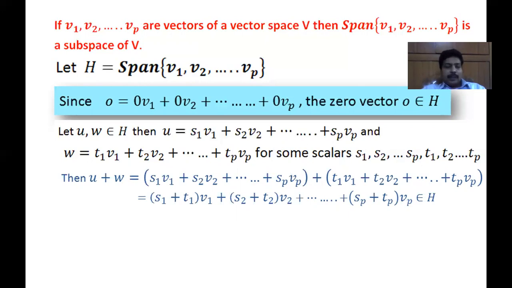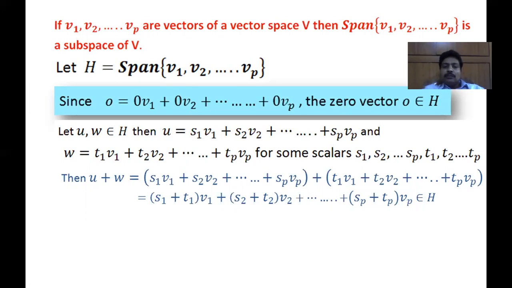And by using the properties of a vector space, since all these are elements of that vector space and s1, s2, sp and t1, t2 and so on tp are scalars, we can rearrange them in this manner: s1 plus t1 times v1 plus s2 plus t2 times v2 and so on sp plus tp times vp.